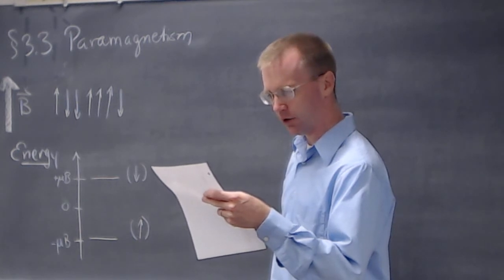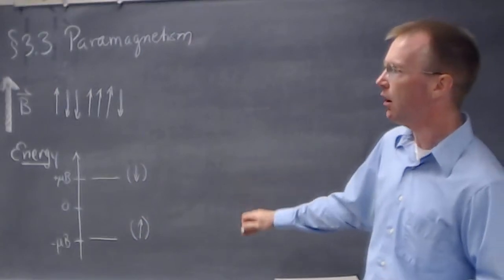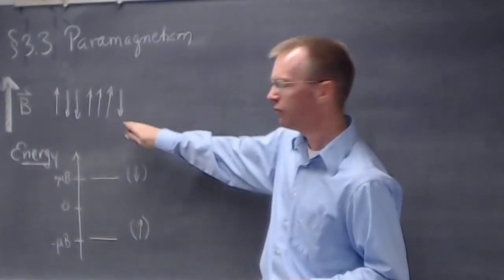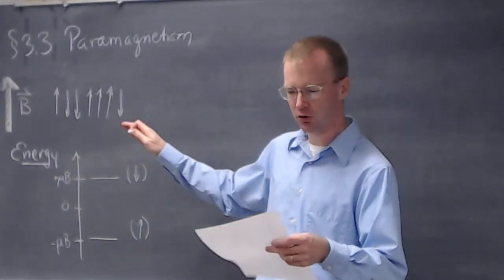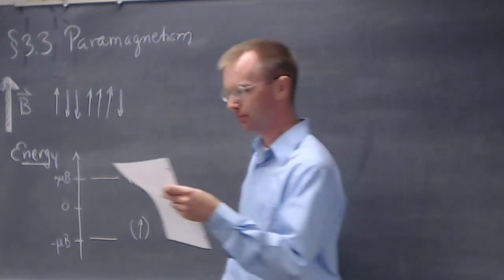Now, let's see here what we're going to do. All right, I want to write out the total energy of the entire system, a collection of all N, capital N, dipoles.